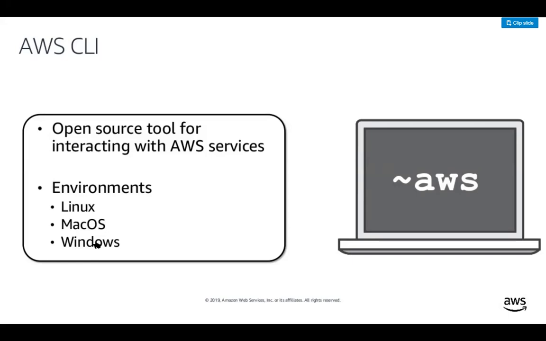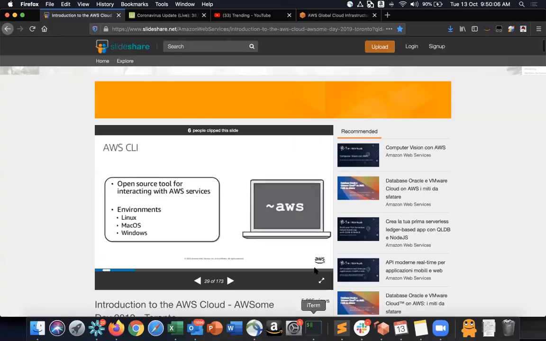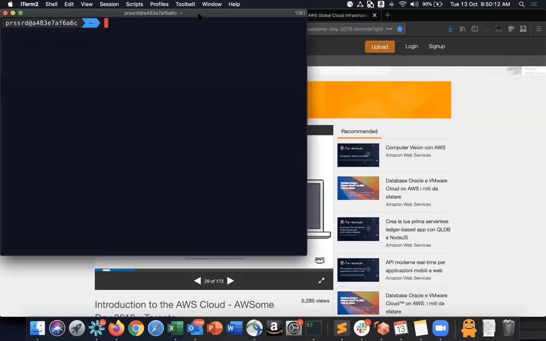On Linux, you go to your bash shell and run commands, and you'll be able to interact with the CLI. I'll just show you a quick example of how it works. Yeah, this is my shell, right? I can just do aws s3 ls.